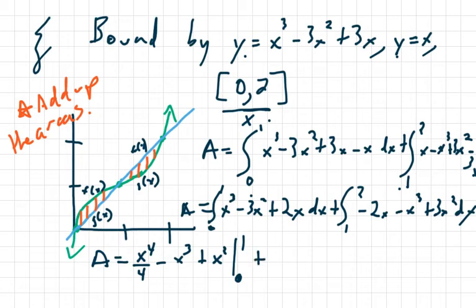Plus negative x squared. Now, I guess I should put this one in brackets because we're going to have the whole thing added. Minus x to the 4 over 4. And then plus x cubed from 2 to 1.